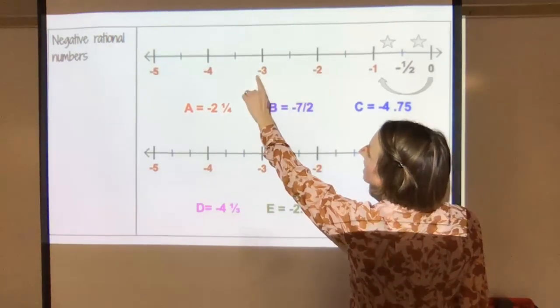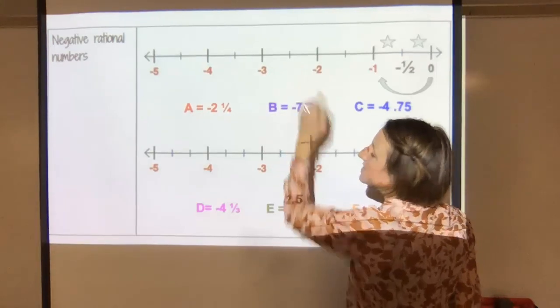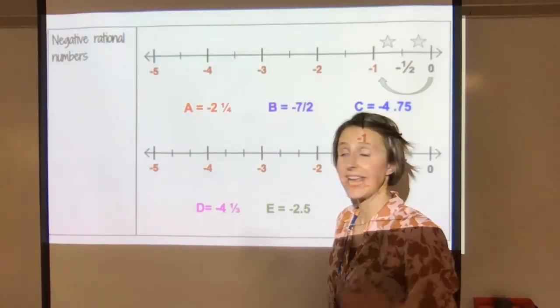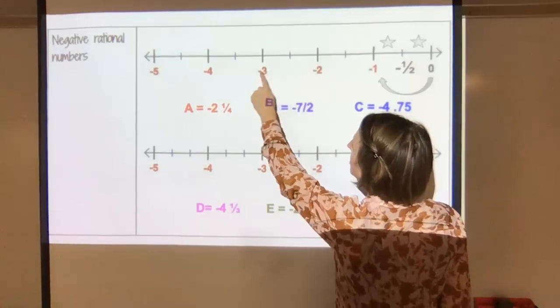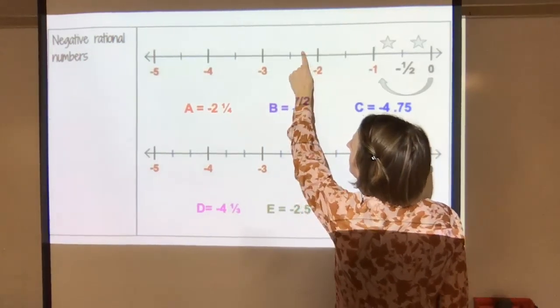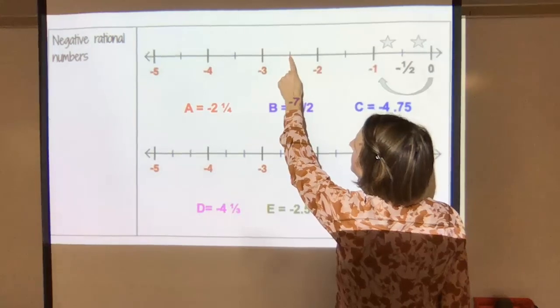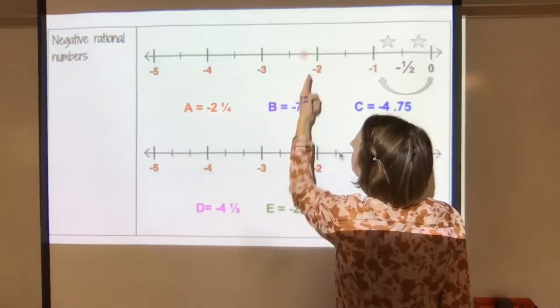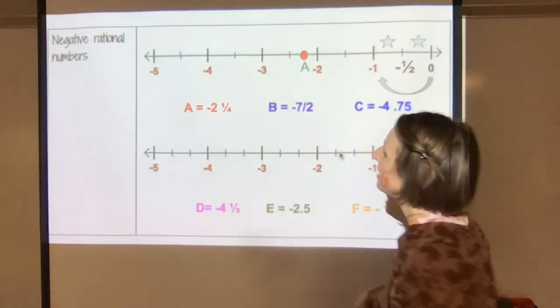Because my whole is cut up into halves. Quarters, if you think about this, 2/4 is the same as 1/2. Or I'm thinking about this whole right here, I need to cut it up into 4 equal pieces. So there would be 1, 2, 3, 4. So -2 and 1/4 is about right there. I'm going to label that point A.